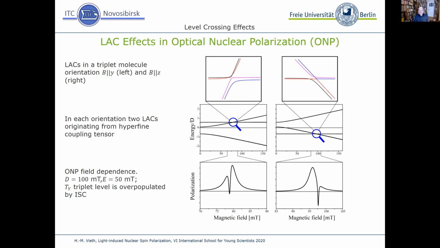eigenstates. So, because of these two level crossings in the left case, where we have orientation along the x-axis of the molecular zero field splitting tensor, we get a superposition of two mixed pairs of levels, one giving you a broad Lorentzian-looking curve and another narrow Lorentzian, which is shifted because the two level anti-crossings are a little shifted.